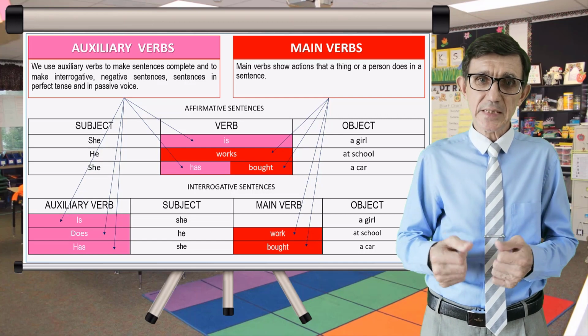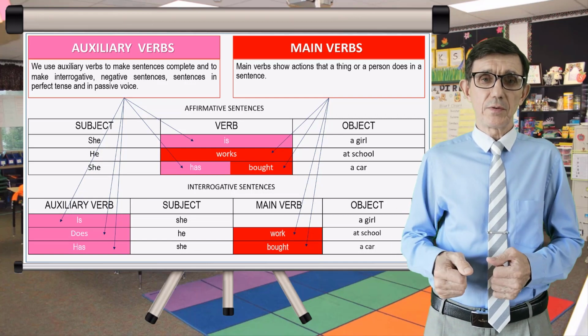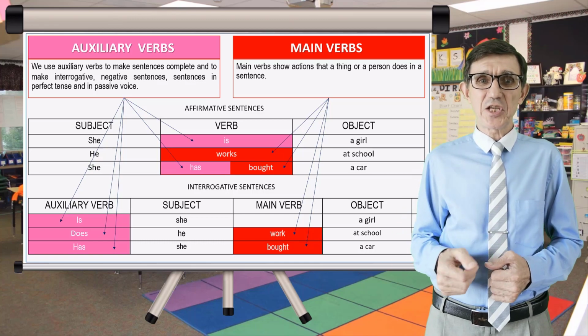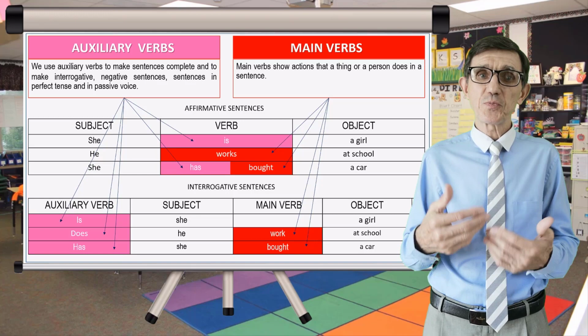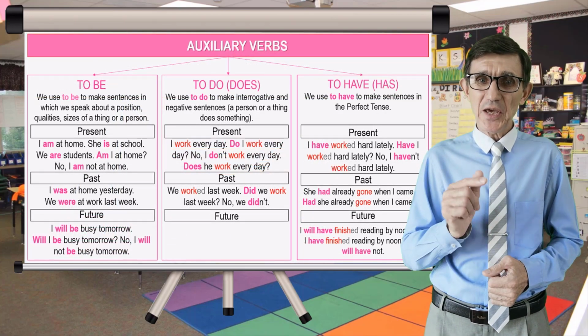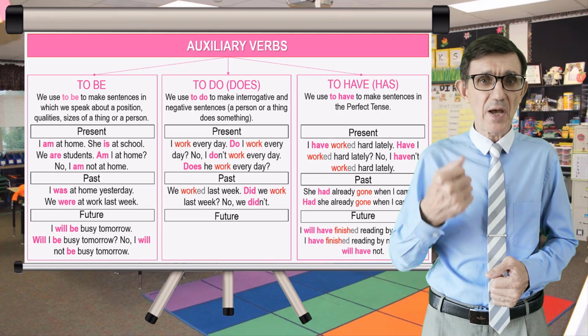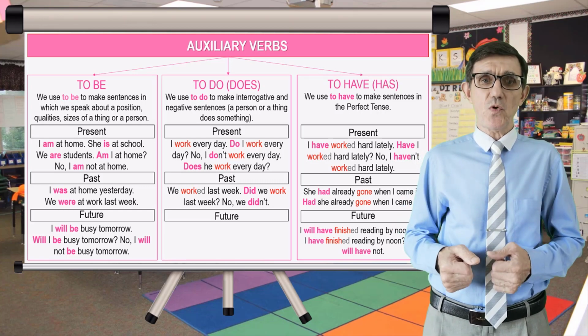Some sentences have only a main verb. He works at school. And some sentences have both the auxiliary and the main verb. She has bought a car. Look at this slide attentively and try to understand and remember how to know which verb is the auxiliary verb and which one is the main verb.